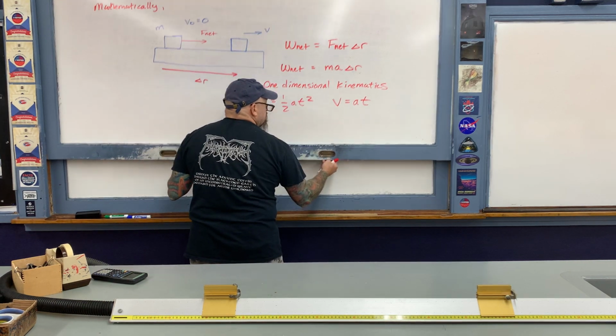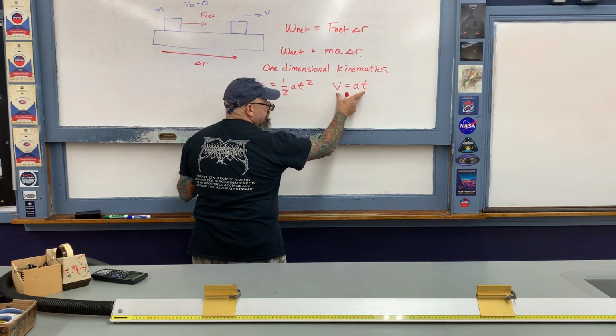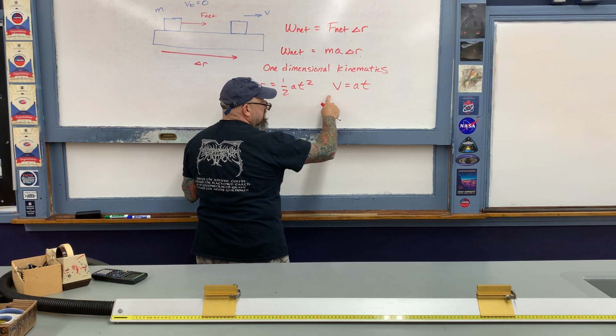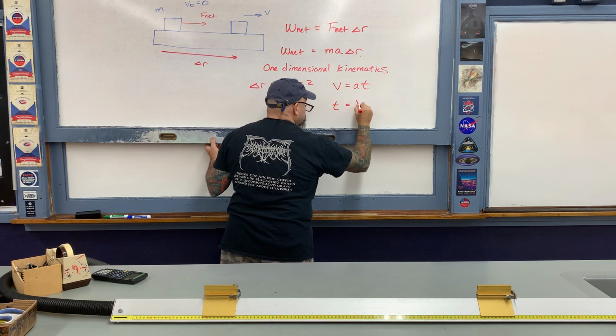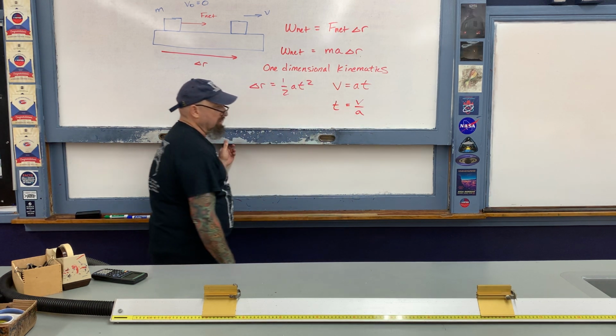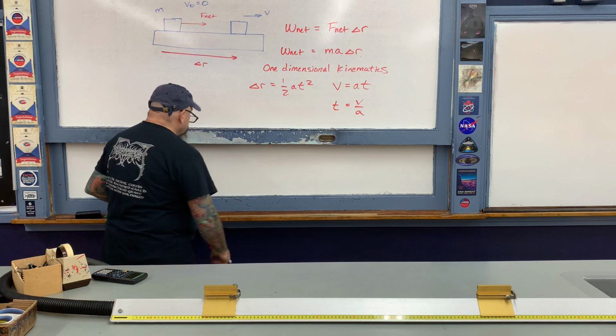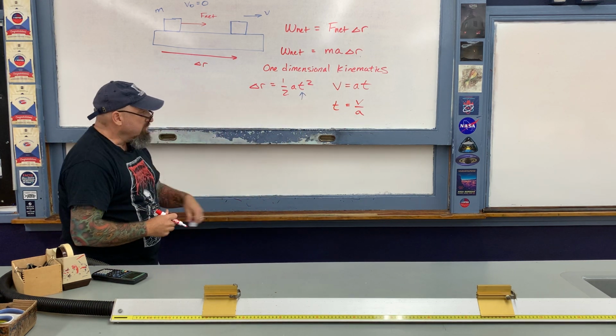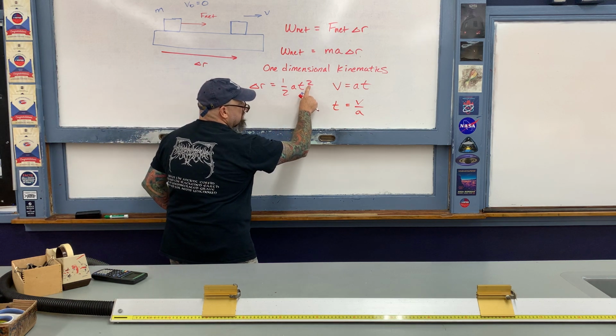Okay, in order to do so, first of all I'm going to take this expression here and solve it for the time t. So divide the acceleration to the other side of the expression, and the time t ends up being this expression here. Then we'll take that expression for the time t and plug it into here. And when I do, I have to square each of the terms.